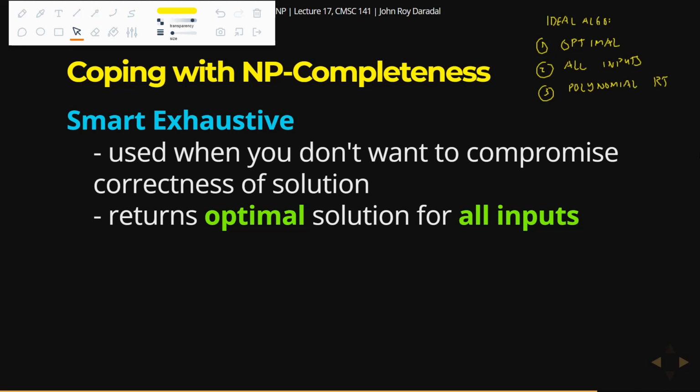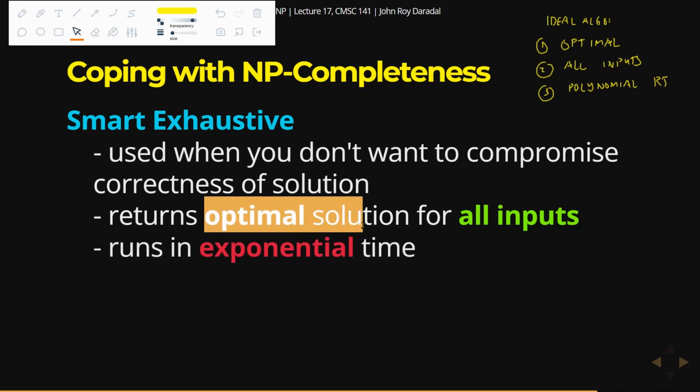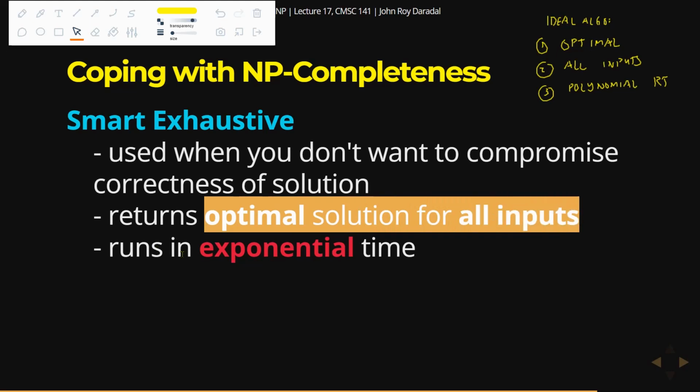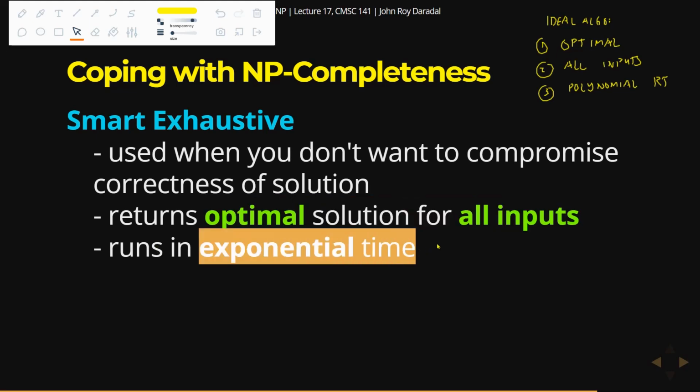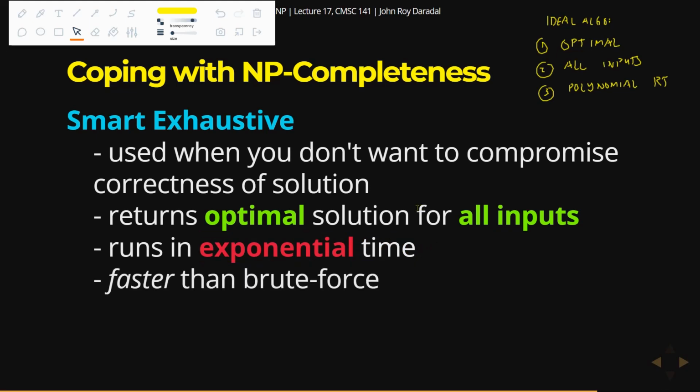So what will we sacrifice? We have to sacrifice the third part, which is having a polynomial time. So if you want to return an optimal solution for all inputs, you have to run it in at least exponential time. You will have to wait. However, this will be faster than brute force, smart exhaustive.